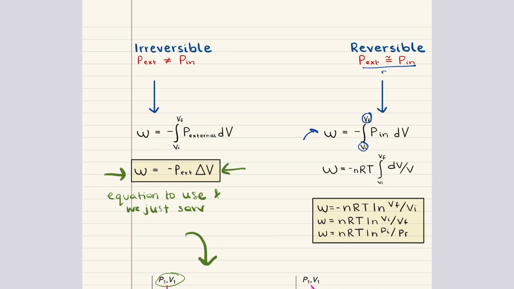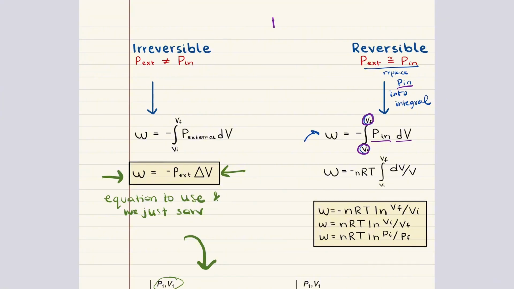Here we are going to keep it simple because the external pressure is essentially equal to the internal pressure at every step. We can rewrite the expression for work as work equals the negative integral of the internal pressure with respect to volume taken from the initial volume to the final volume.